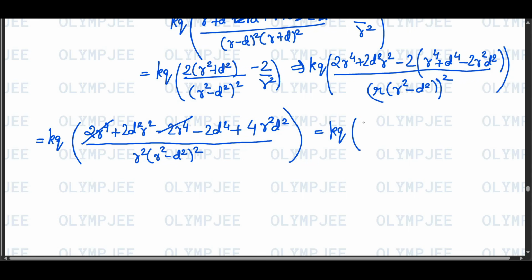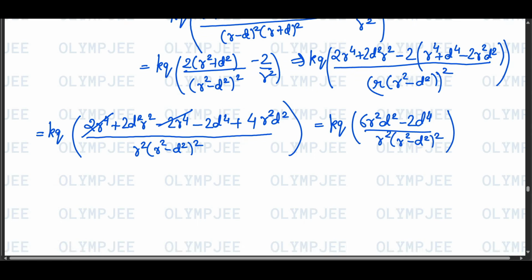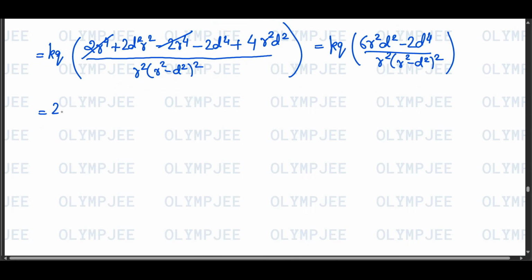So (6 r square d square minus 2 d raised to power 4) by (r square minus d square) whole square, which will be equal to 2kq times (3 r square d square minus d raised to power 4) divided by (r square minus d square) whole square.